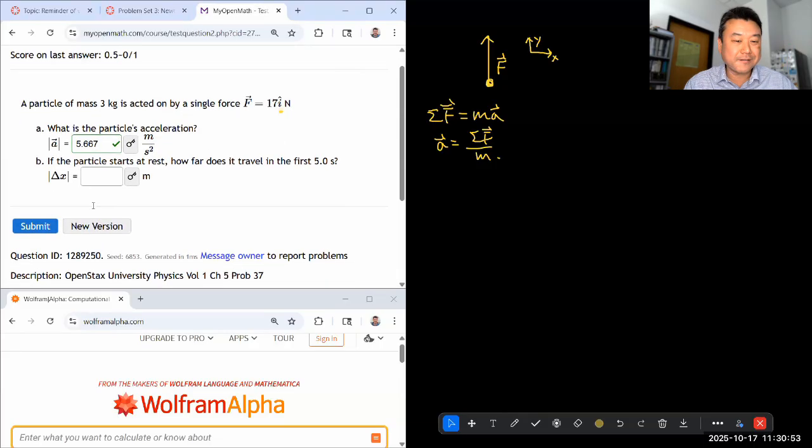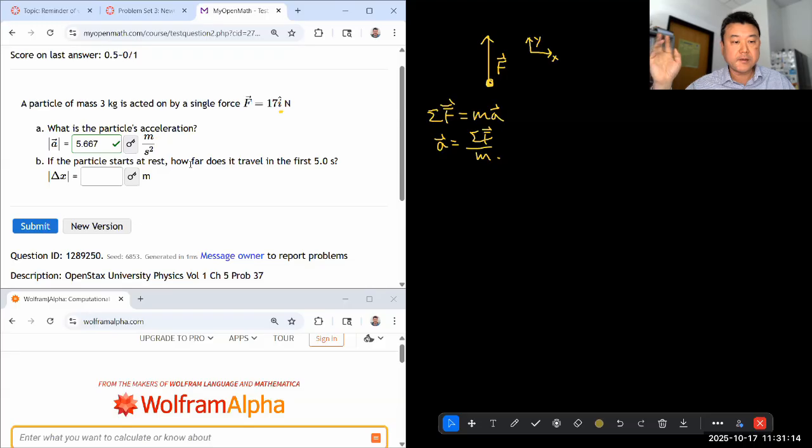Okay, if the particle is at rest, how far does it travel? I think it means, oh yeah, starts at rest, sorry, I misread. Starts at rest, how far does it travel in the first 5 seconds? So again, this is now a kinematics question with a given acceleration, and in my head I'm flipping through the kinematics equations.